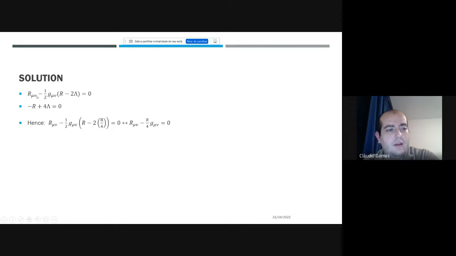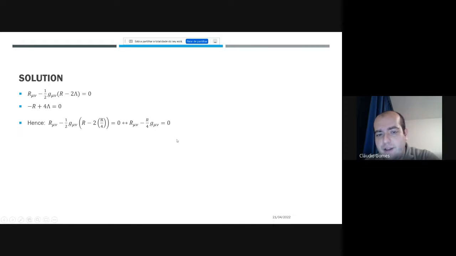So it becomes minus 2R, so it's minus R, and this becomes R over 2, so it's 4 lambda with a plus sign. So we substitute lambda over here, and we get R mu nu minus R over 4 g mu nu equals 0.